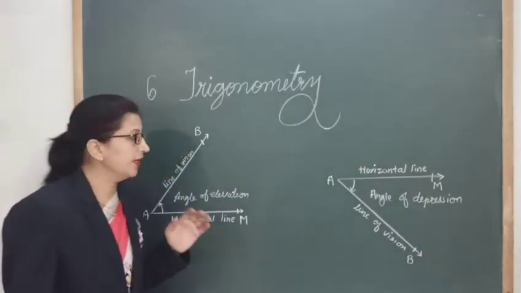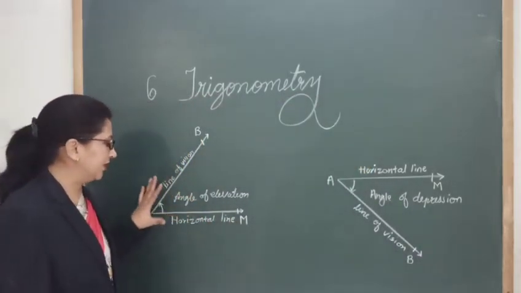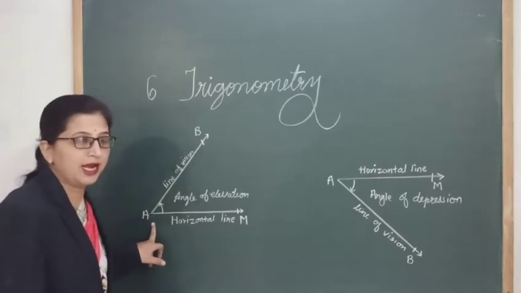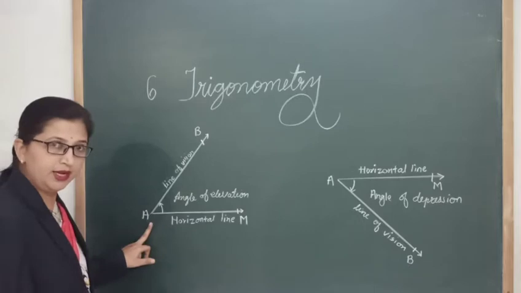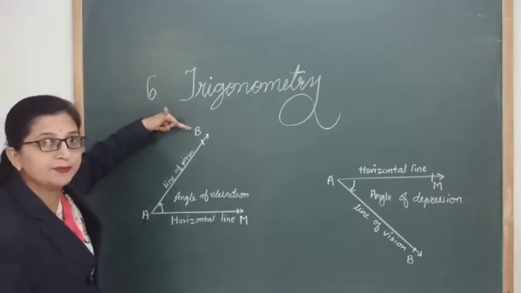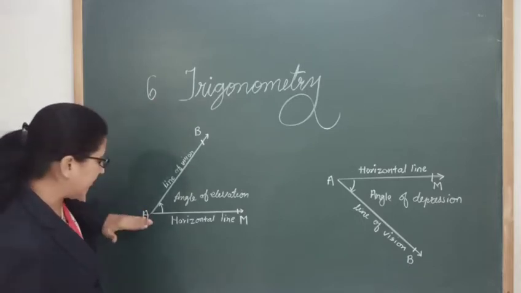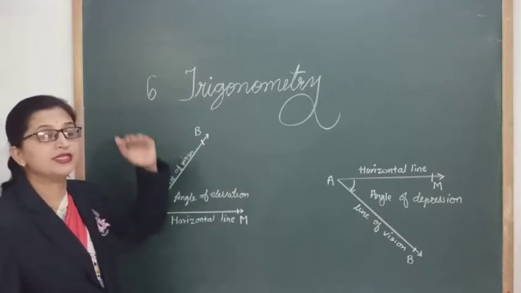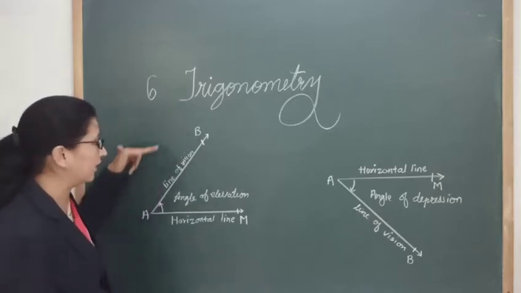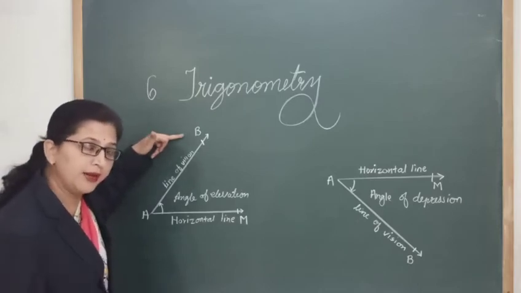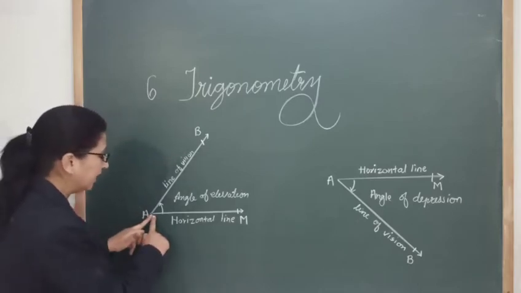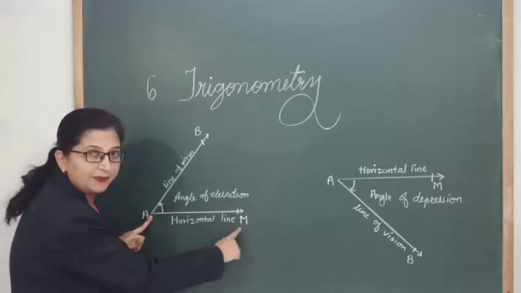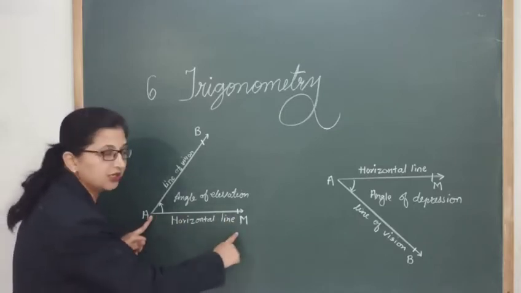Okay, so dear students, let's consider this. The observer is standing at point A and looking at point B. The observer is at point A and looking at an object which is at a height more than the observer. Now here, the straight line from the eyes of the observer is called the horizontal line.